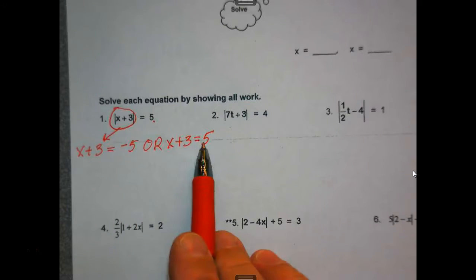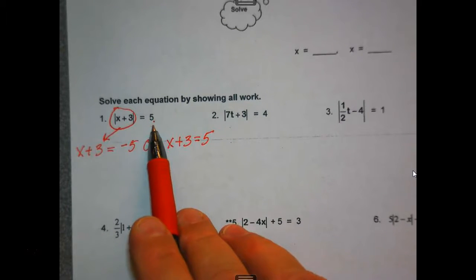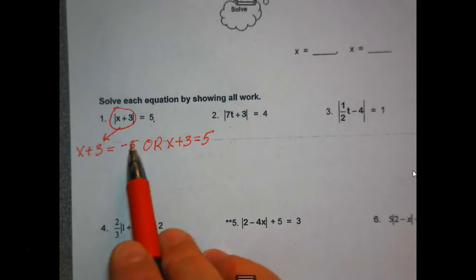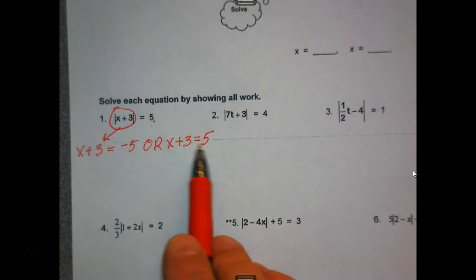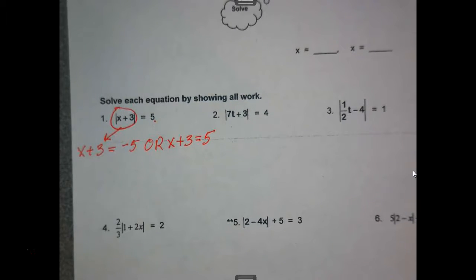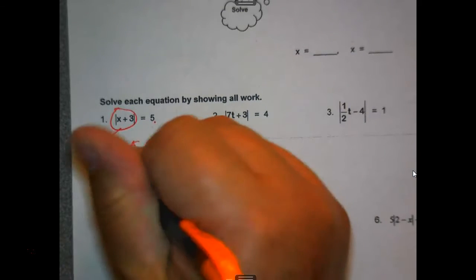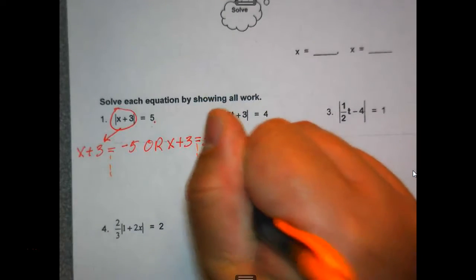Okay, location point, distance. Distance can be positive, location points can be negative or positive. Got it? Then solve for x on both equations.